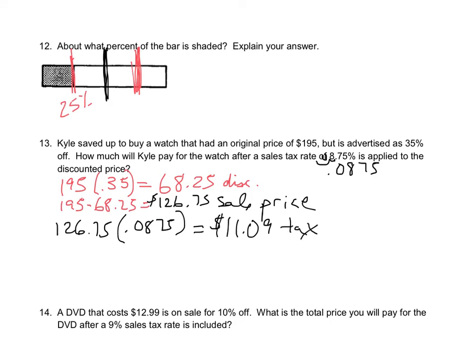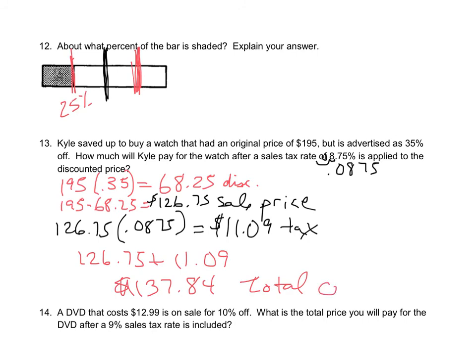All right, so now to get the final price, you're going to go ahead and add your sale price plus your tax, okay? So 126.75 plus 11.09, and I get, let's see, $137.84, and that is your total cost.